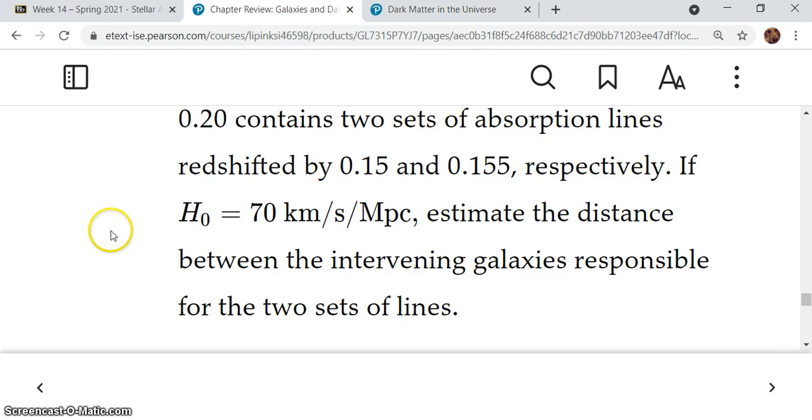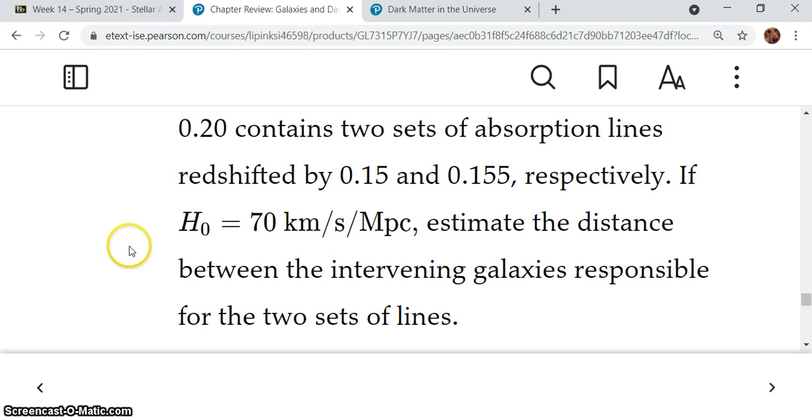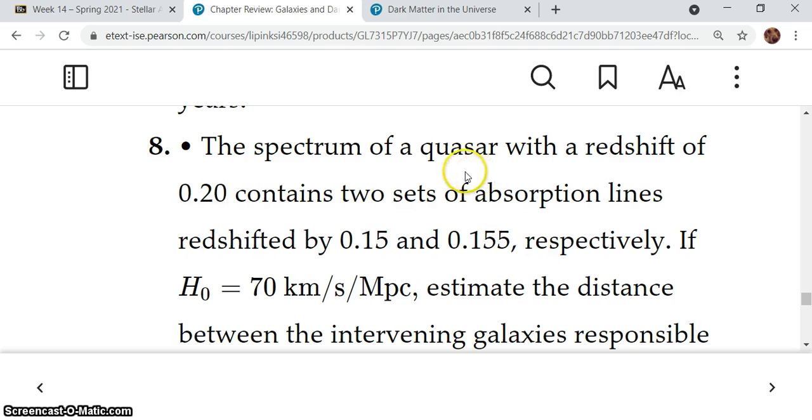But since this is a quasar, this thing has crossed a huge fraction of the universe. And remember, all quasars are at least 10 billion light years away.